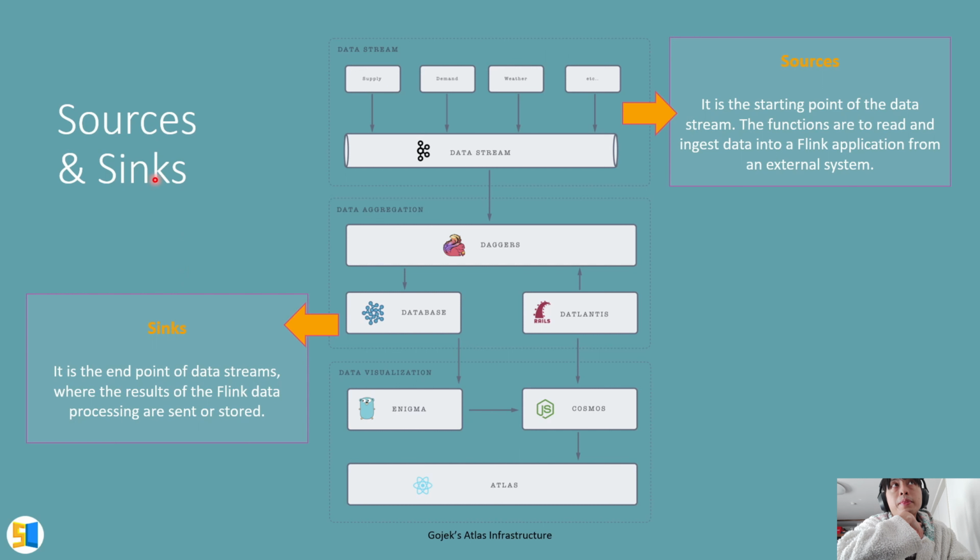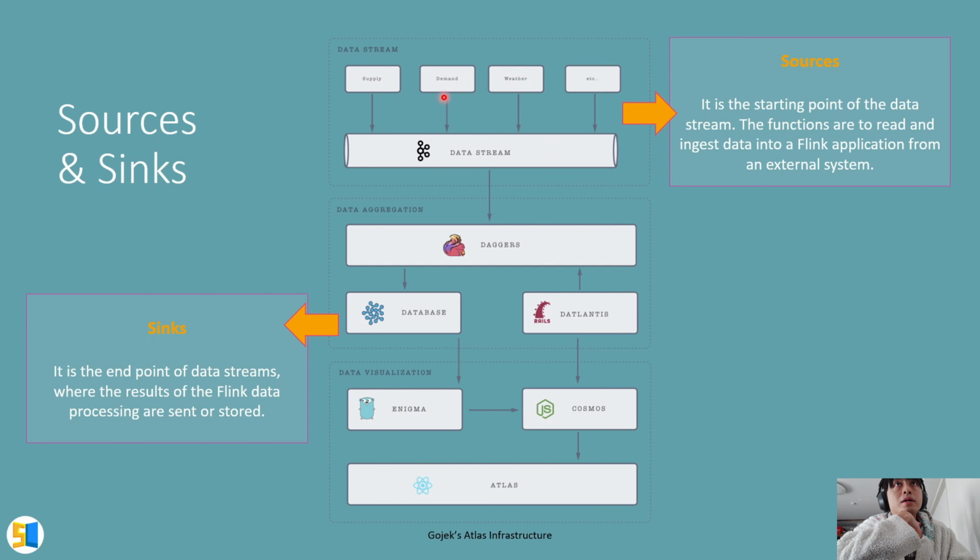Sources and sinks. Here in the middle is the infrastructure of Gojek Atlas from their engineering blog. A source is the starting point of the data streams. Its function is to inject the data into the Flink application. In this example, their source is Kafka, which consists of different events, supply events and demand events.